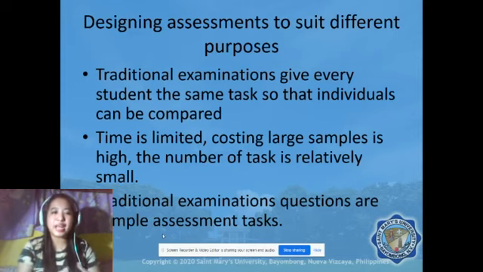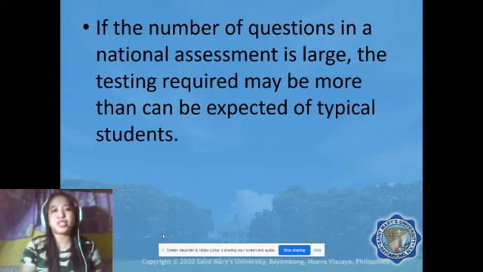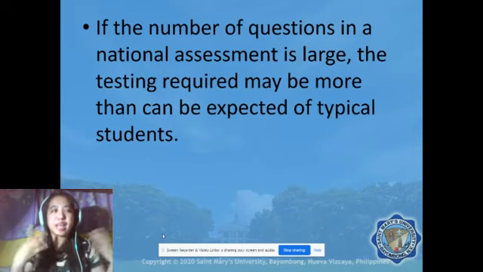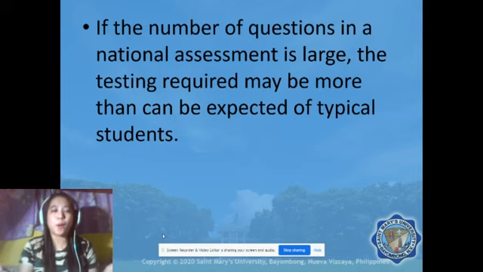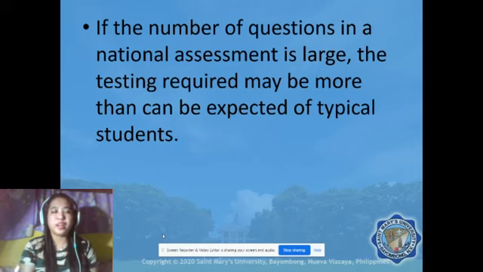As mentioned in the last item, traditional examinations have sample assessment tasks only. Which also means that if the curriculum planner or the designer of the test comes up with a large number of questions, he or she also needs more students, since it cannot be represented by just one student.